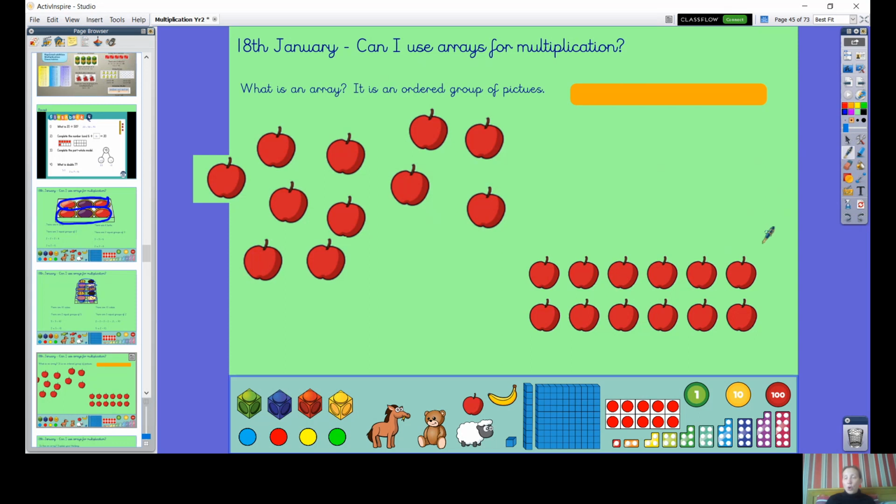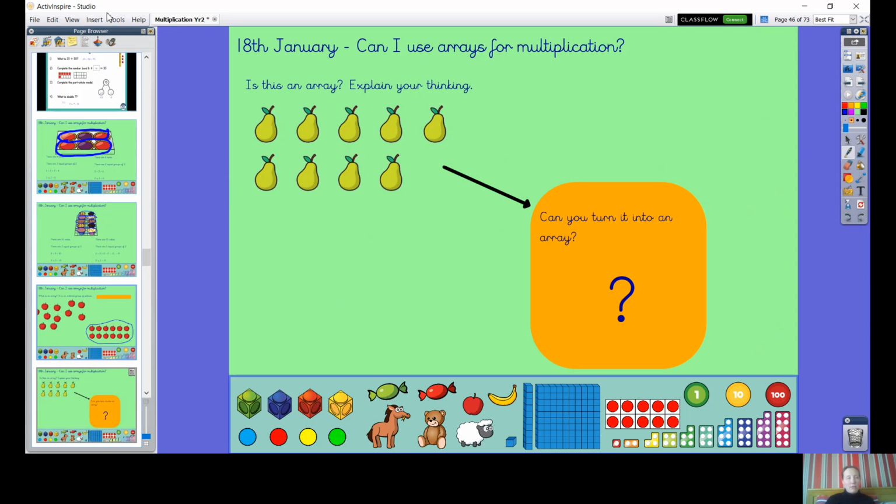Over here, we have got an array because they are neatly lined up with the same number in each row and each column. So do we think that this is an array? Is this an array here? You're right, it's not an array because look, we've got an odd one out.